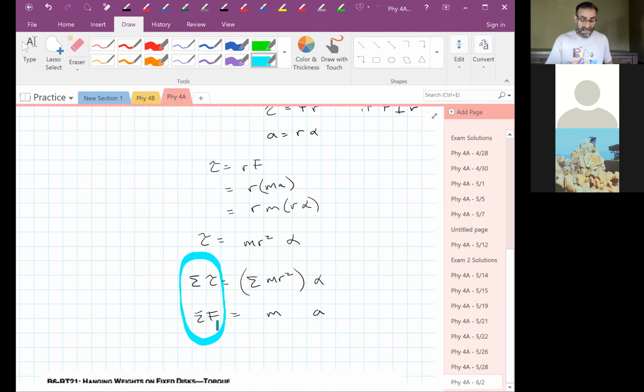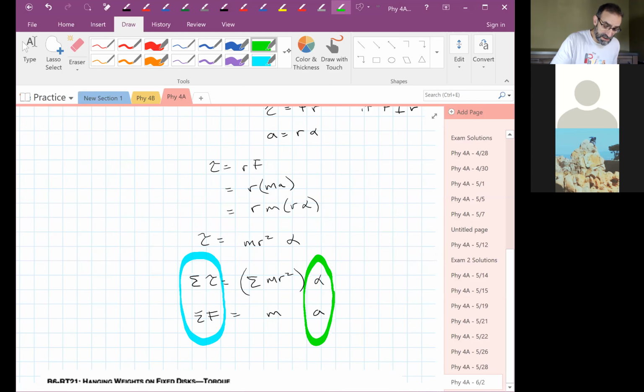And instead of saying that it causes changes in acceleration in a translational sense, we're going to say it causes changes in an angular acceleration, alpha. And what's the proportionality constant between net force and acceleration? It's the inertia, right? Mass, inertia. So what's the proportionality constant between net torque and angular acceleration, alpha? It's probably the angular or rotational inertia.